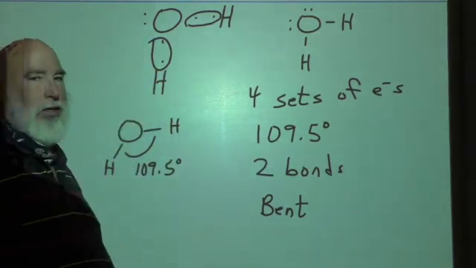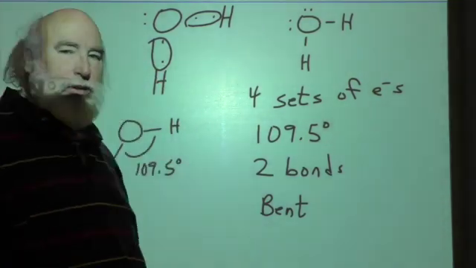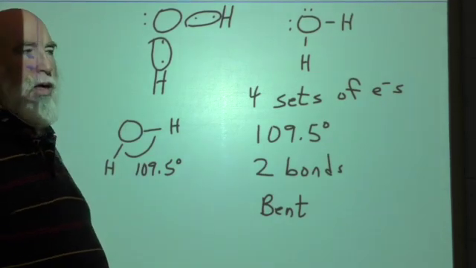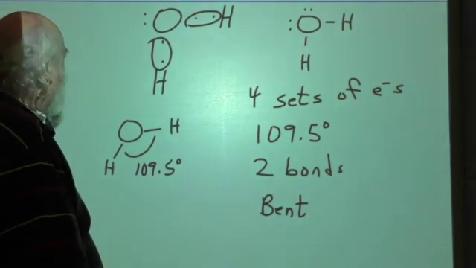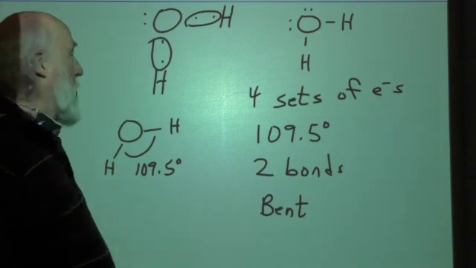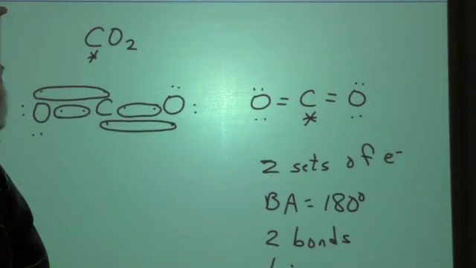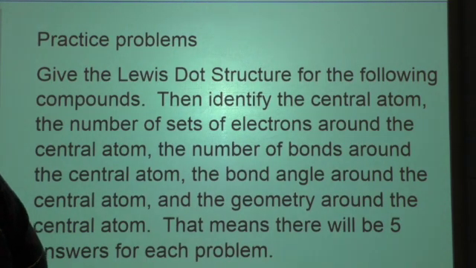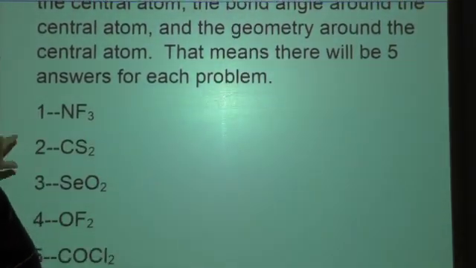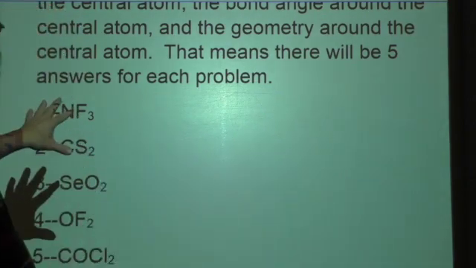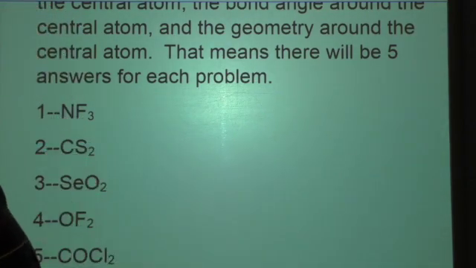geometry. That, ladies and germs, is how we use the VSEPR to identify molecules. What you're going to do is, there is a practice problem on the very beginning portion of this. And you're going to take 5 molecules. You're going to draw the Lewis dot structure for that.